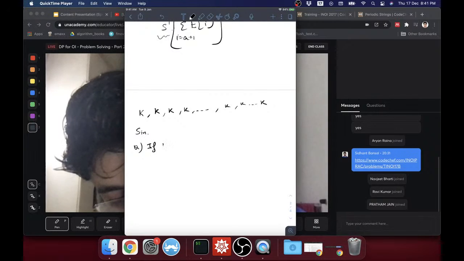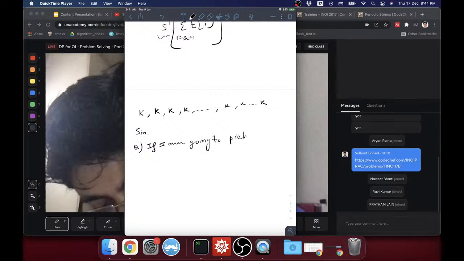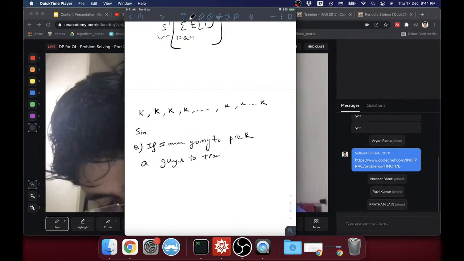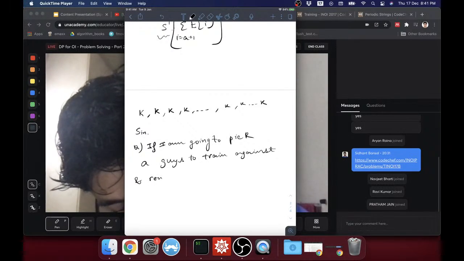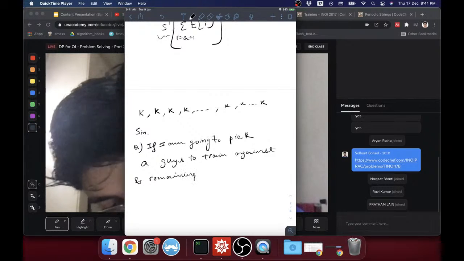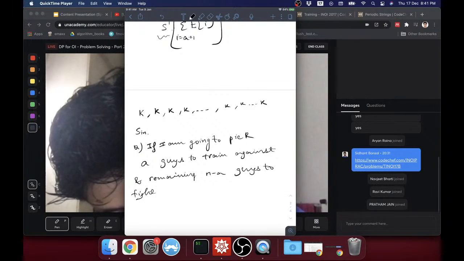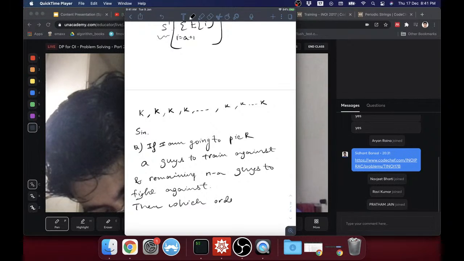If I am going to pick A guys to train against and remaining N minus A guys to fight against, then which order is most optimal?